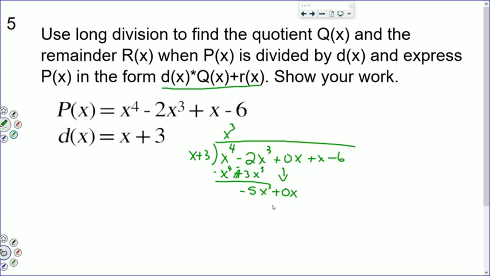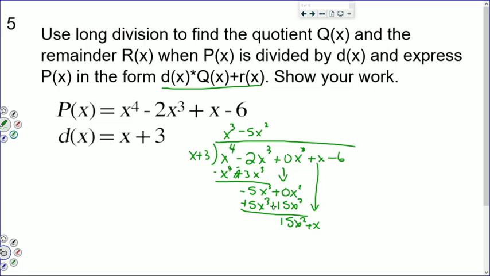So we say, all right, what do we multiply x by to get to negative 5x cubed? We multiply it by negative 5x squared. So we get negative 5x cubed minus 15x squared. And now change the signs and add. So we get 15x squared. Bring down our just x.